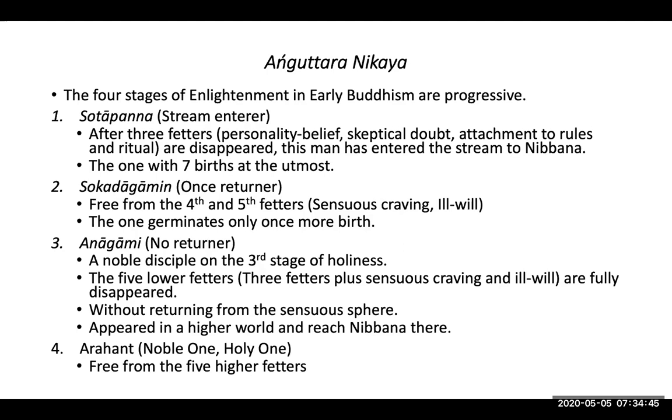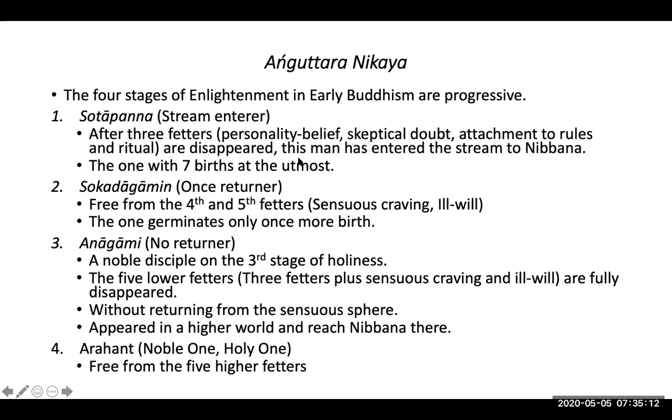when a person enters this route, the person has some fetters. There are ten kinds of fetters. The first three fetters are personality belief, skeptical doubt, and attachment to rules and ritual. These three kinds of fetters disappear.